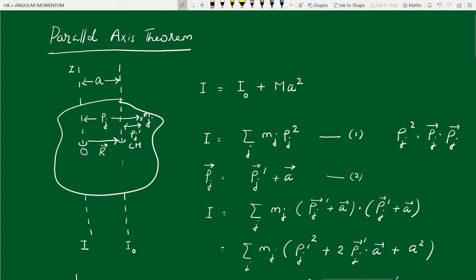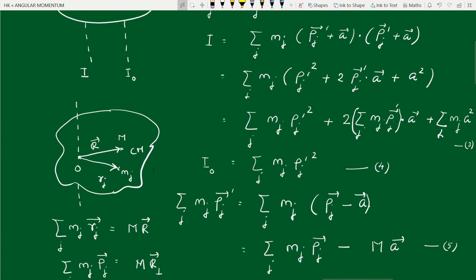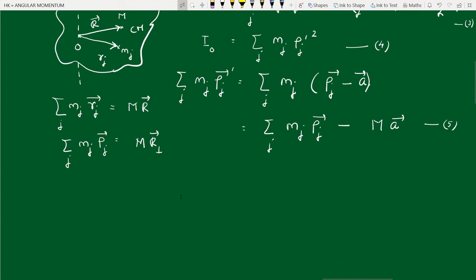From the figure it is clear that this r perpendicular is nothing but this A. So I can rewrite this as summation over j of mj rho j is equal to capital M into vector A. Let us call it equation 6.